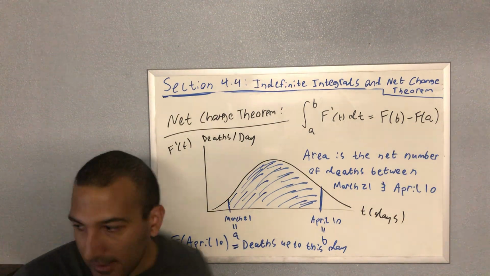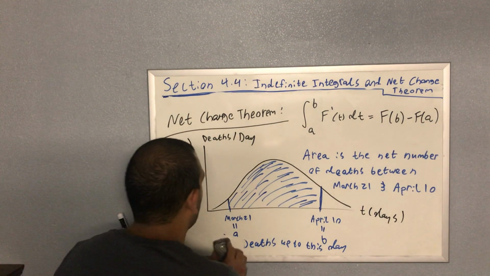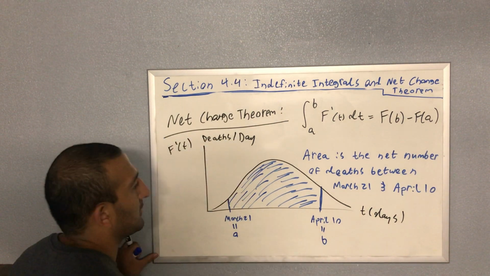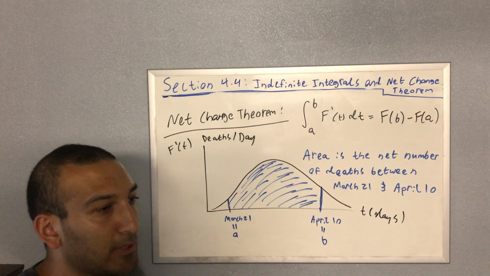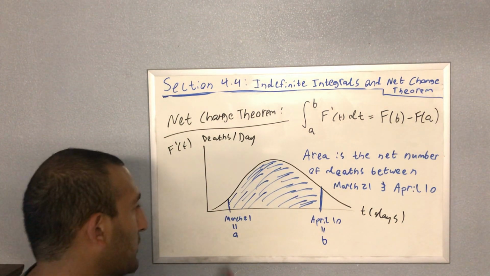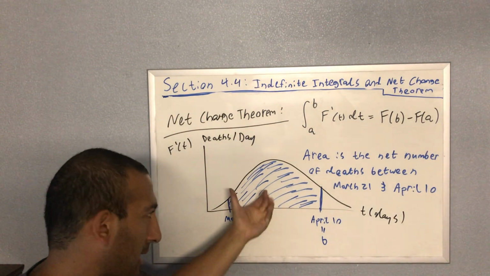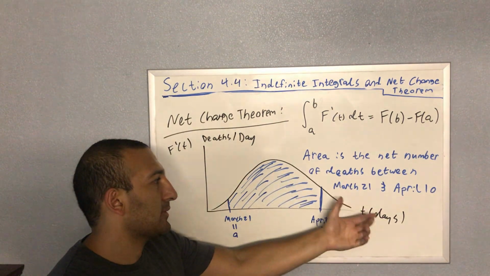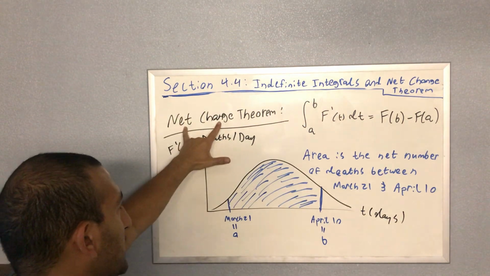So had 100 people died up to March 21st, and then 1,000 people had died up to April 10th, then you take the 1,000 minus 100, 900. So this is saying that between these 2 days, 900 people have died. So the area under this curve from some point A to B is just the net number of deaths between these 2 days. So that's why it's called the net change theorem.